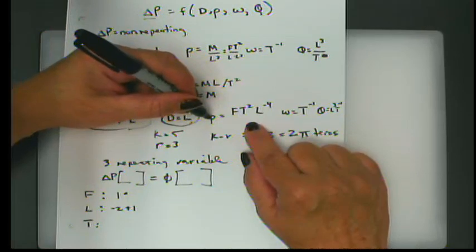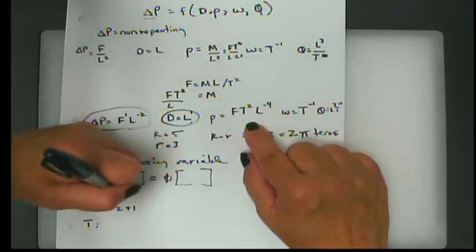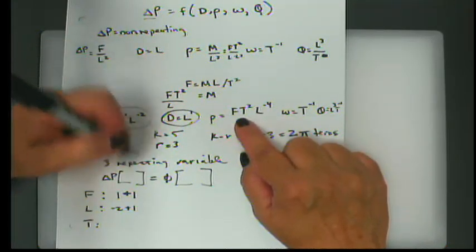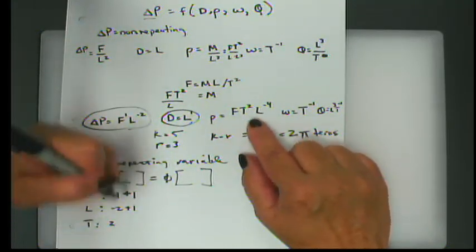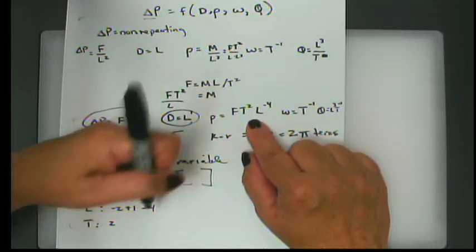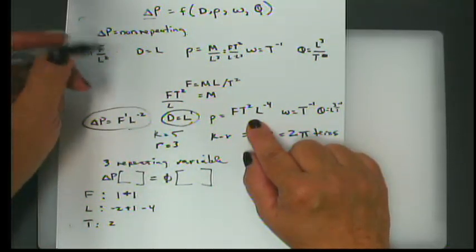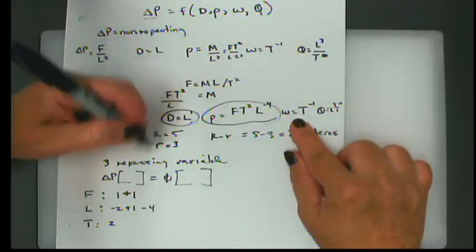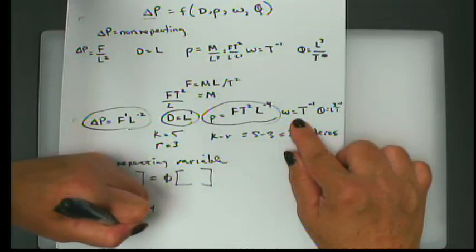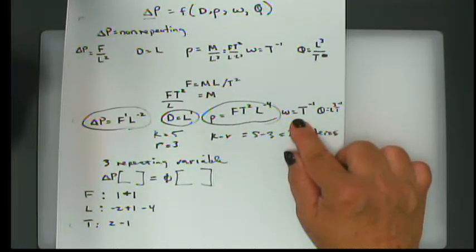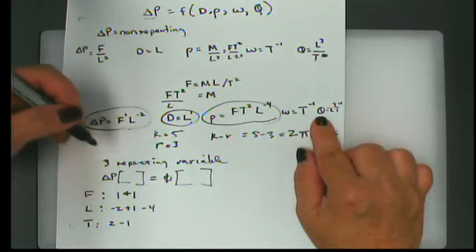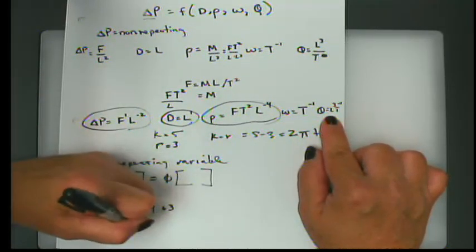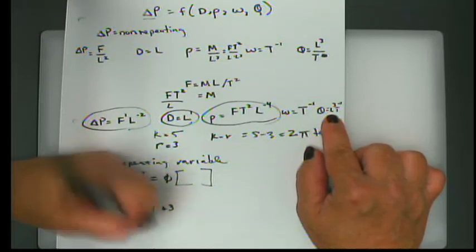For density, we have force at 1, time at 2, and length at -4. For omega, we have time at -1. And for Q, we have length at 3, and time at -1.